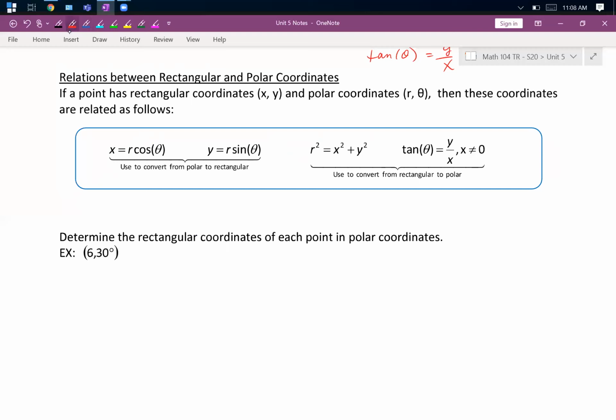You know that you're in rectangular when your variables are only x and y and you don't have any r's or thetas. So here's our r, here's our theta. Don't make this hard. x is equal to r times cosine of θ. y is equal to r times sine of θ. And then we just need to clean this up.